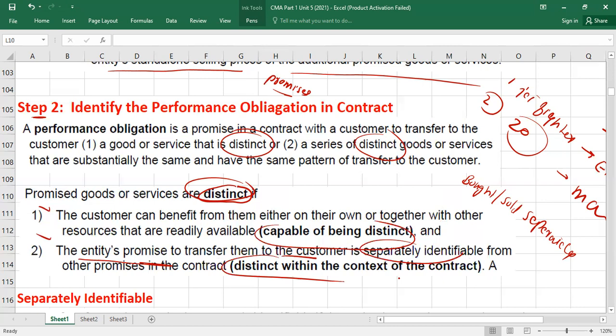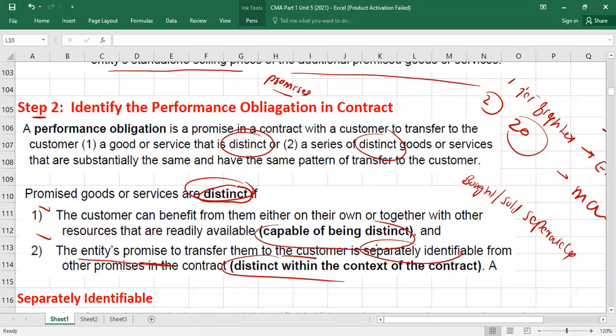These two points will help you decide whether you have only one performance obligation or more than one. How would you decide?